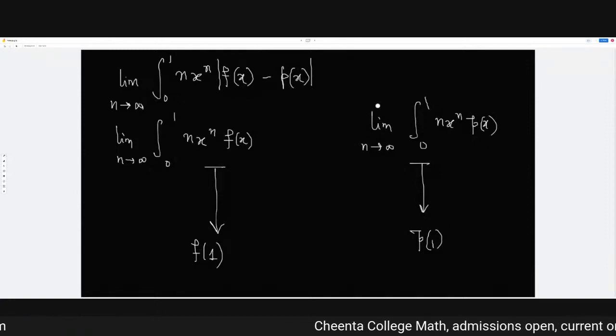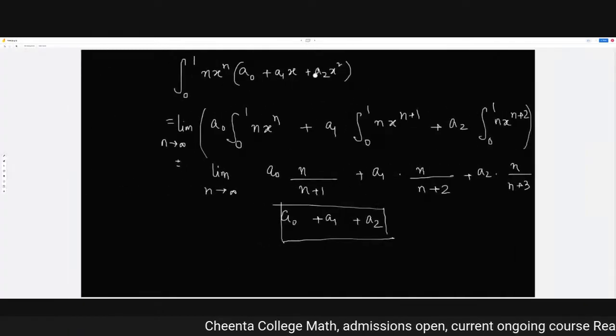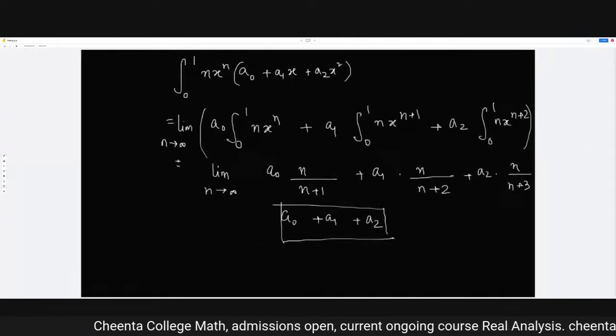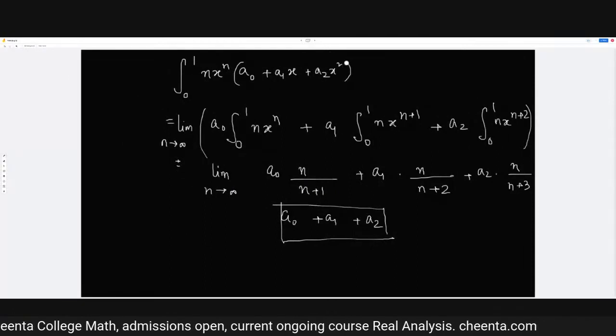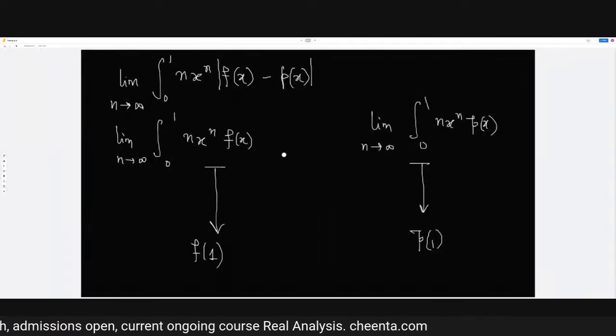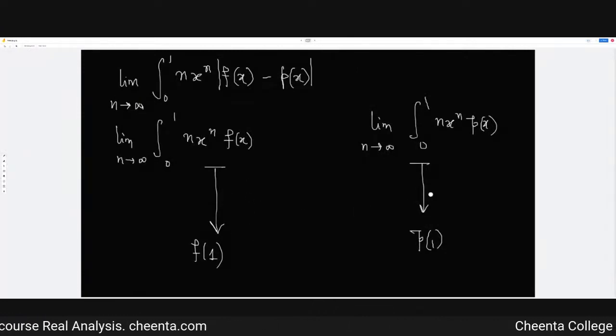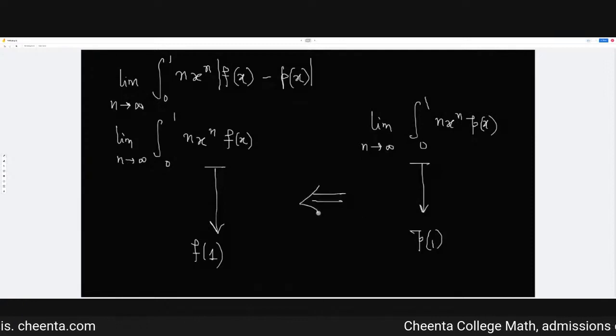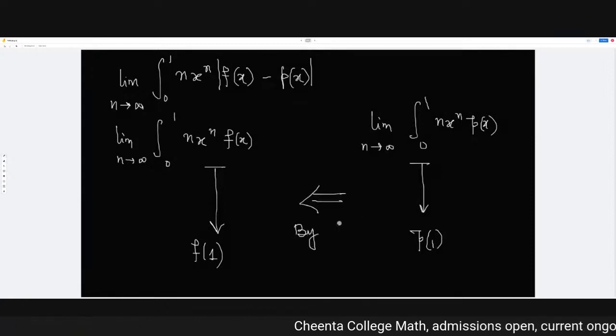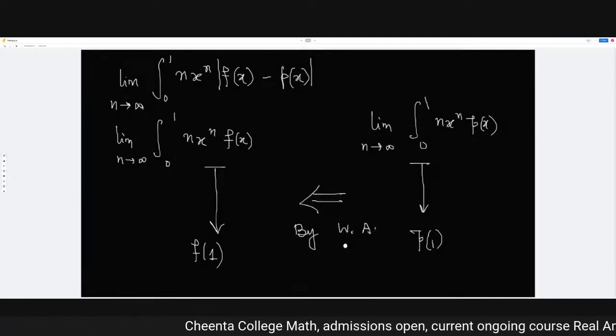Okay, because of the Weierstrass approximation theorem that we are using here.